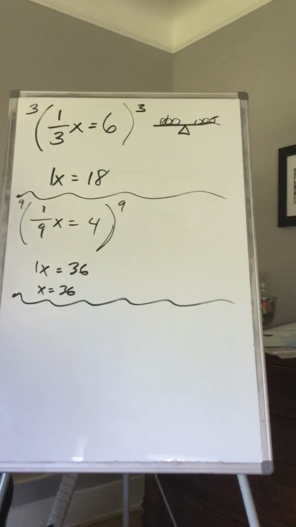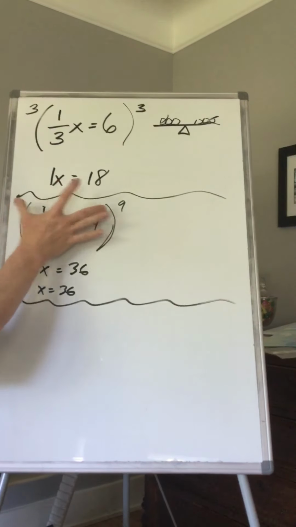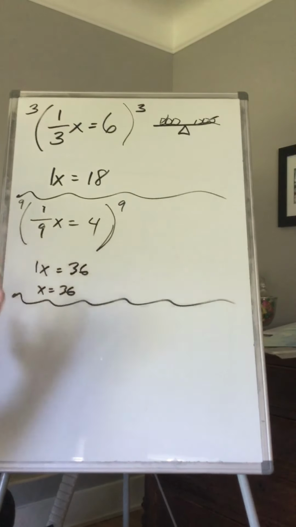Once again, the premise of this is really understanding you have to do both things to both sides. So we're multiplying by 9 on both sides, not just this side, but both sides, to keep that teeter-totter balanced.